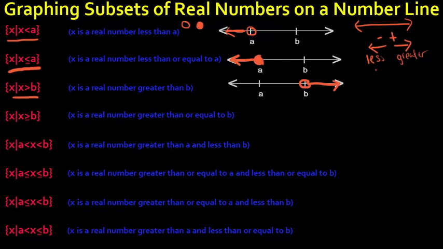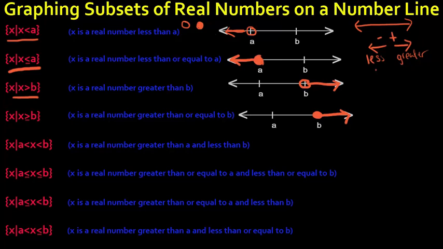Okay, the next one is x such that x is greater than or equal to b. So again, we'll find b, and since it's greater than or equal to, we'll fill that in because that's just saying that it is included. So it could be b or beyond. But if it's greater than, it could be beyond b.